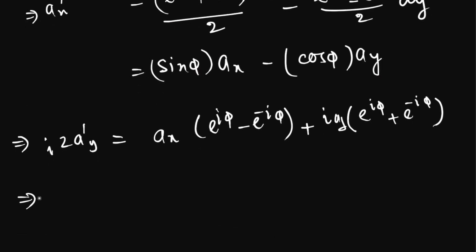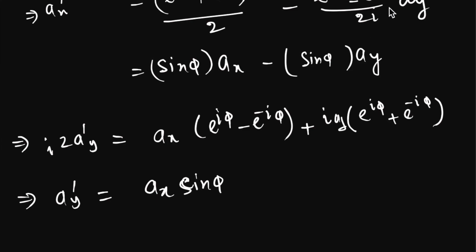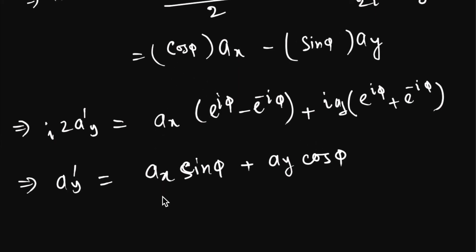That means ay prime is equal to ax sin phi, sorry, here this will be sin phi and this is cos phi. So ax sin phi plus ay cos phi.